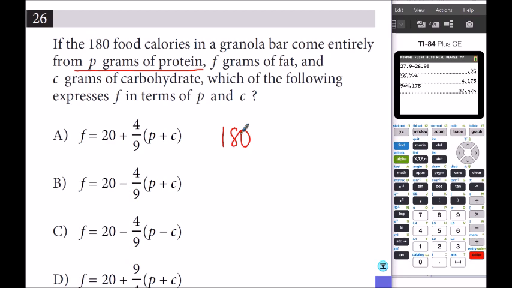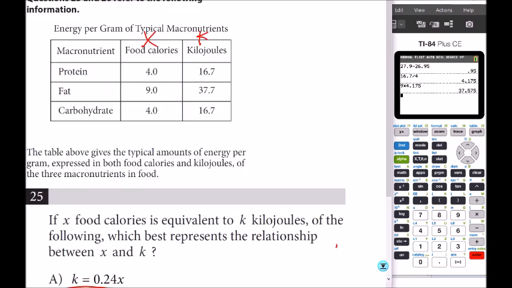So it will be 180 equals to... let's go and look at the question. The calories, we are looking at this, right? Food calories.